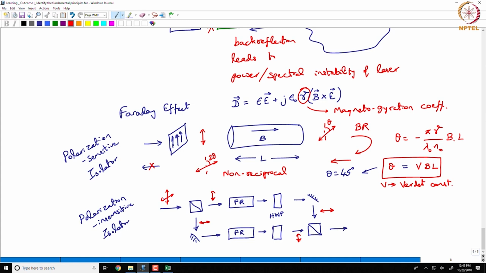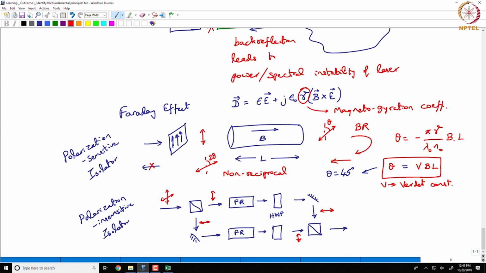Okay. So, in this case you could have some other arbitrary polarization coming in as well, but you could find a way of extinguishing that, providing isolation for that. So, that is a polarization insensitive isolator.